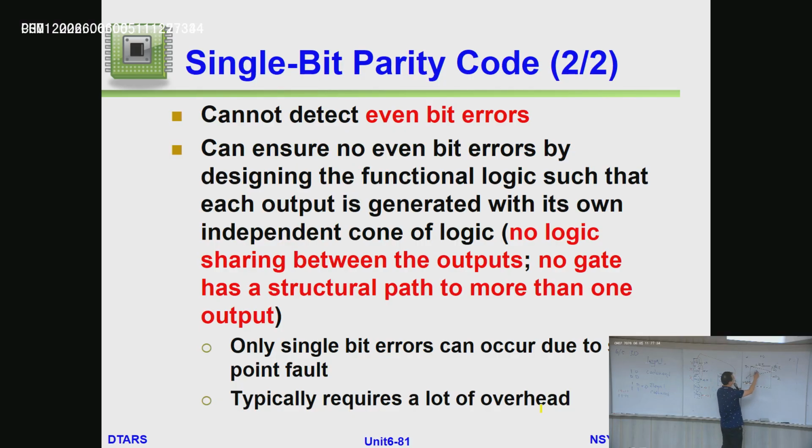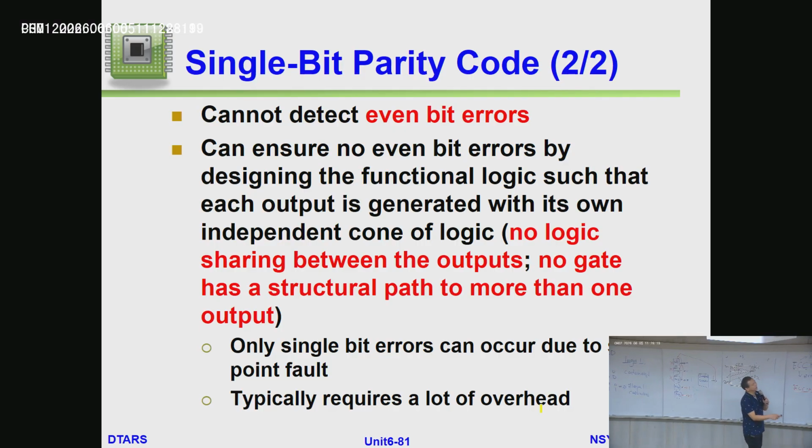This cone means the inputs and the circuitry that determine this output. Usually we will find that there may be multiple cones, cone 1 and cone 2, that determine your outputs, so there is some sharing of these cones.